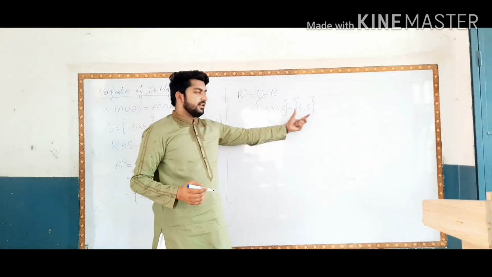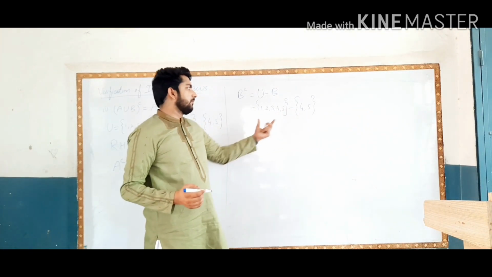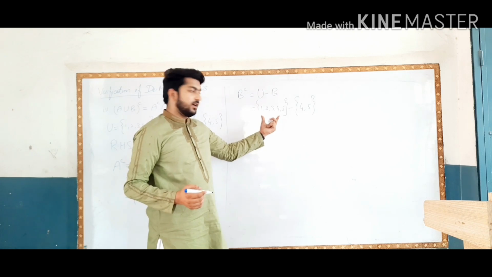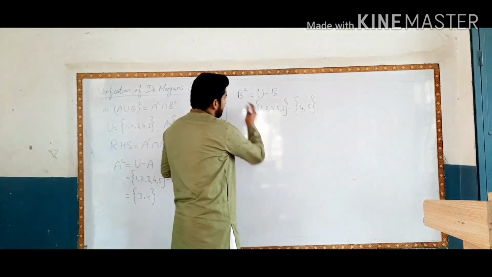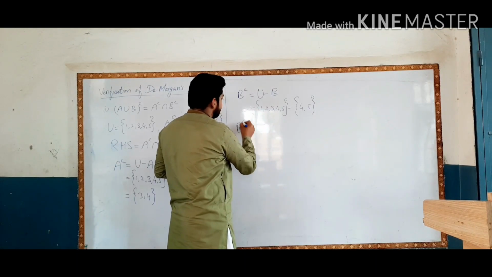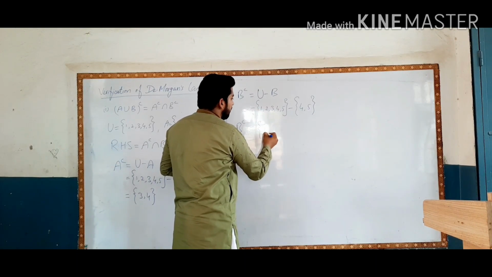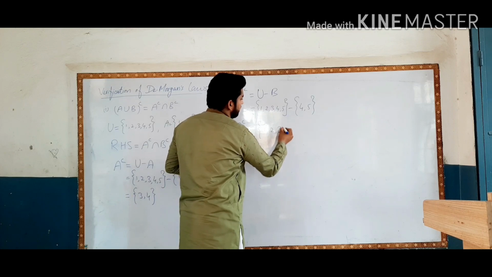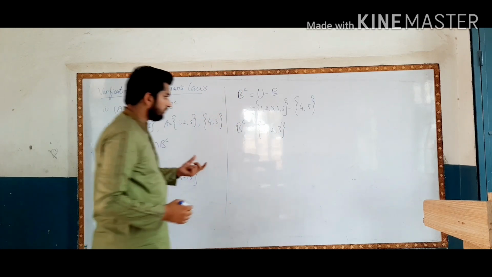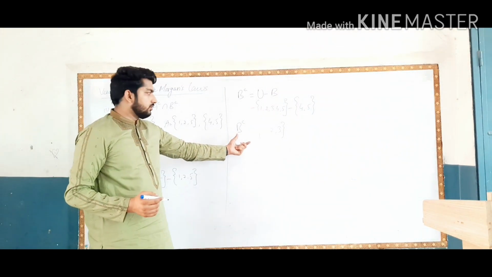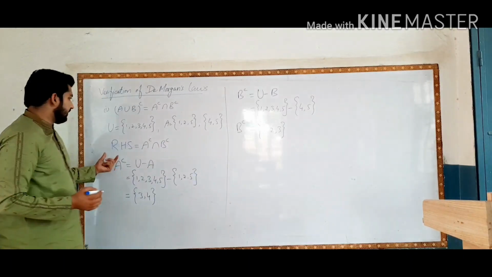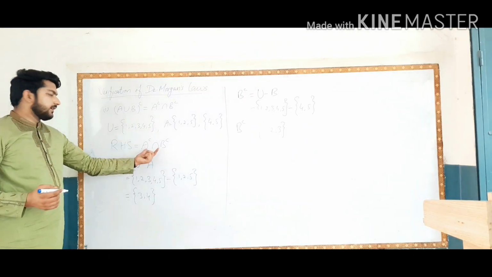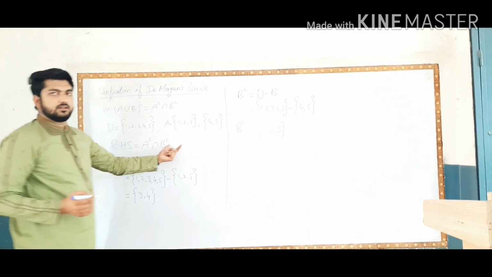So these elements should be removed from this set. B complement is equal to {1, 2, 3}. Now we have to take the right side, A complement intersection B complement.